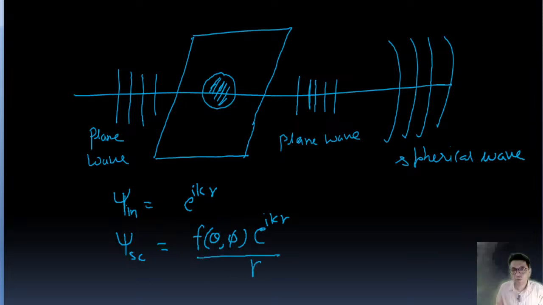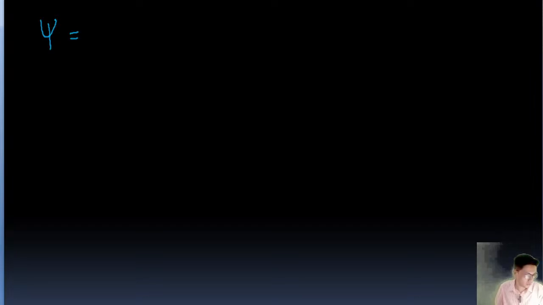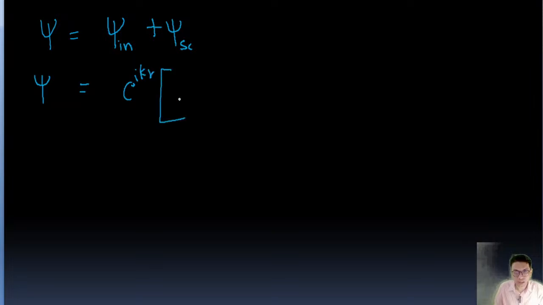So the total wave function is psi in plus psi sc, the scattered wave. We put the value, so psi is going to be e to the power i k r, taking common, 1 plus f, function of theta and phi, upon r. So this is the total wave function.